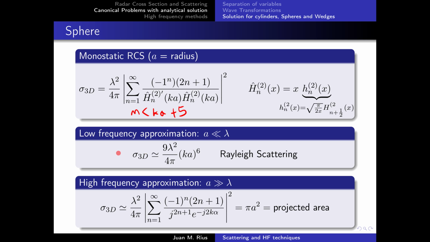You can do a low frequency approximation for a radius much smaller than lambda. It turns out that the radar cross section is then proportional to A over lambda to the power 6.